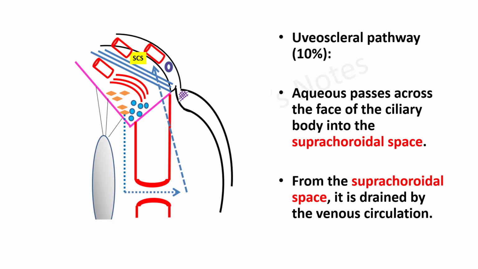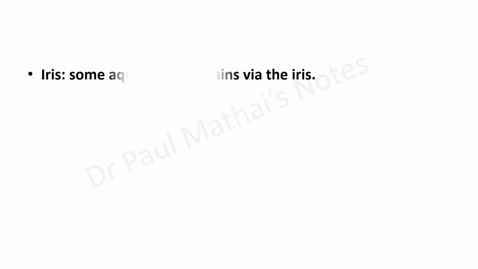From the suprachoroidal space, it is drained into the venous circulation. Whatever remains can also drain via the iris.